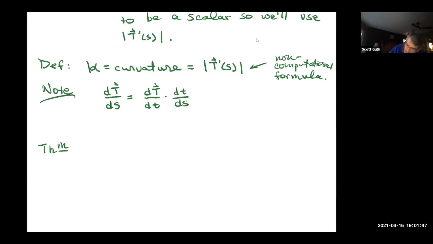So it would be better to do d big T over d little t, and then divide that by ds over dt. Just remembering what I had said before, that ds over dt is just speed. So this is the magnitude of r prime. And that came up when I was talking about the fundamental theorem of calculus a little bit ago.